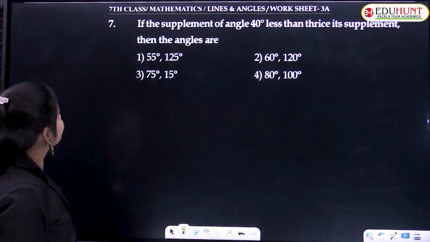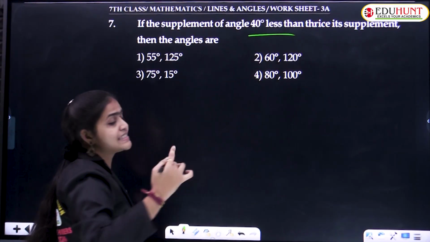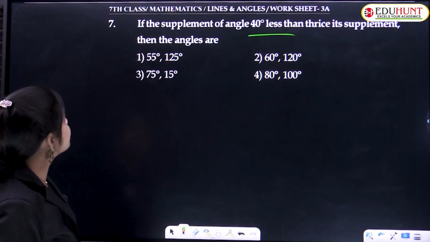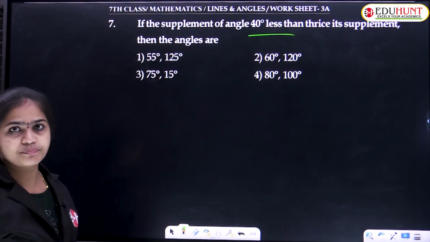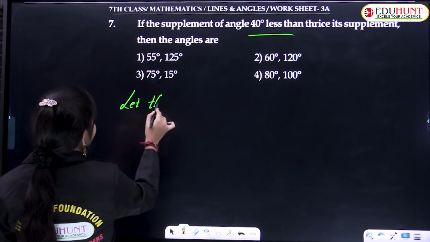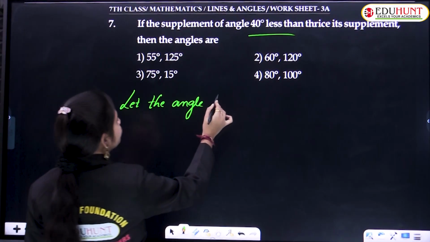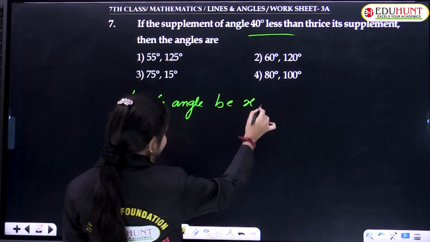Seventh one: if the supplement of an angle is 40 degrees less than thrice its supplement, then the angles are... Again, let the angle be x.